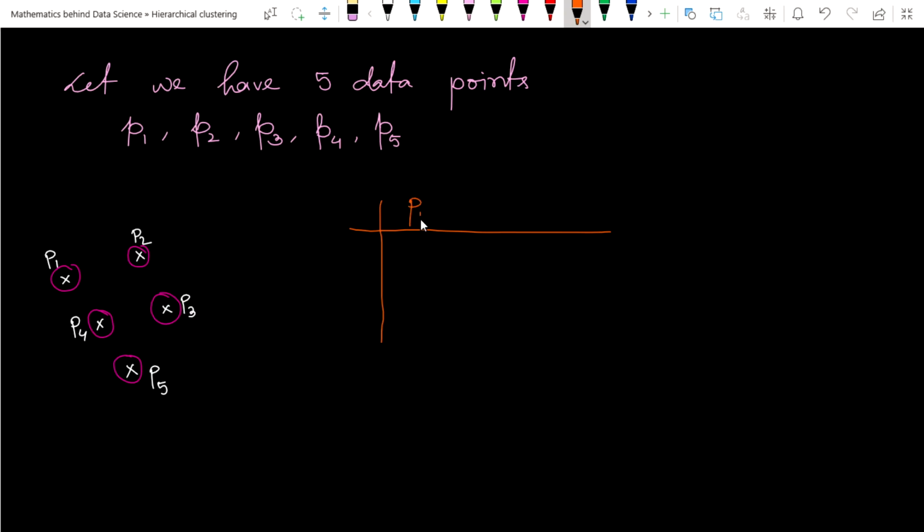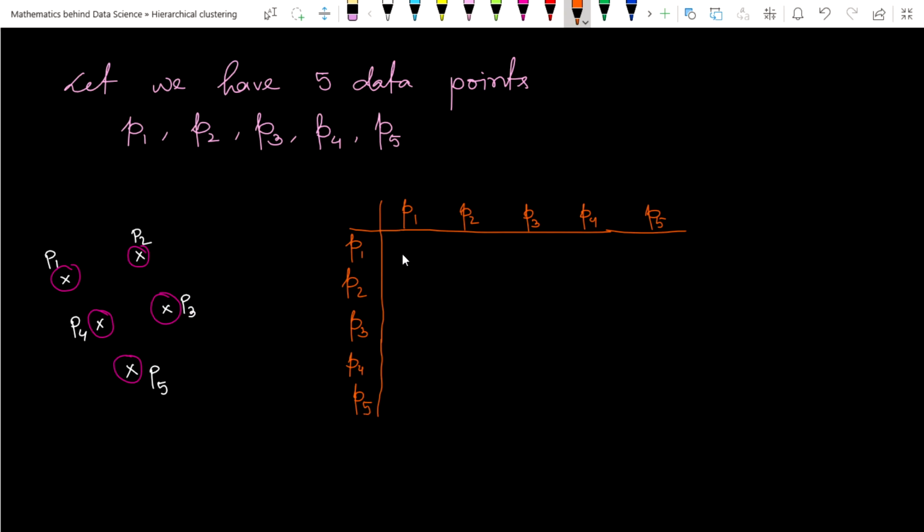This one is P1, P2, P3, P4, P5. Similarly for the rows we have P1 to P5. This is 5 columns and 5 rows.